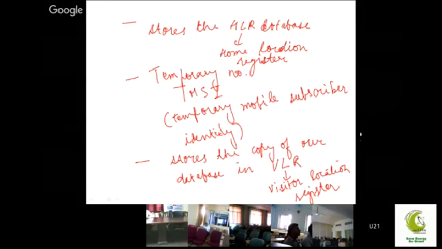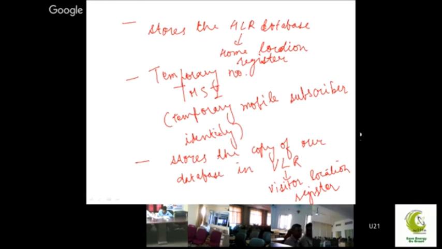So that if I have to make any calls in the roaming situation, the network comes to know that this person is from Punjab and is right now roaming in Gujarat, and so he wants to make calls or use data or the video calling facility.